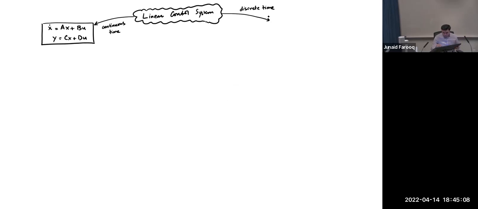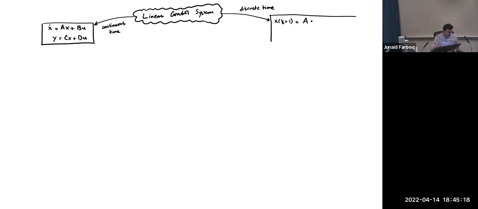So that's what we just saw. One branch is about continuous time, and the other branch is about discrete time. Meaning to say that you're looking at models of this form, or you're looking at the k plus 1 situation.